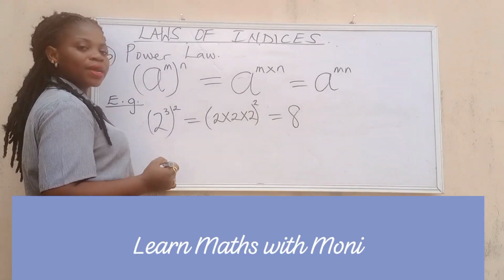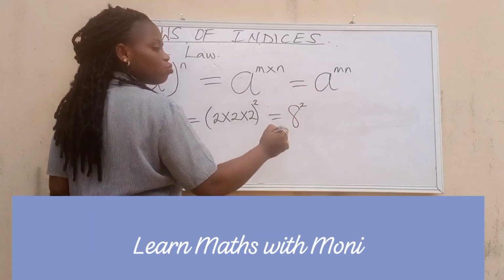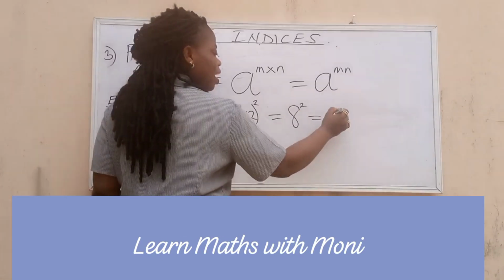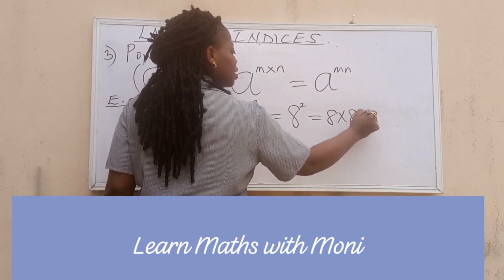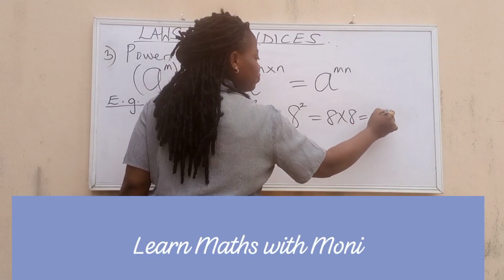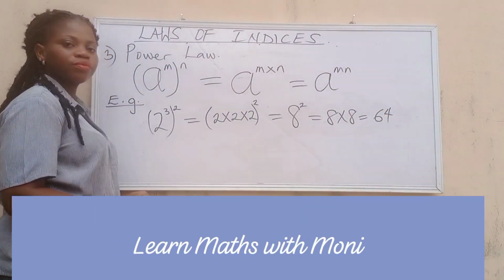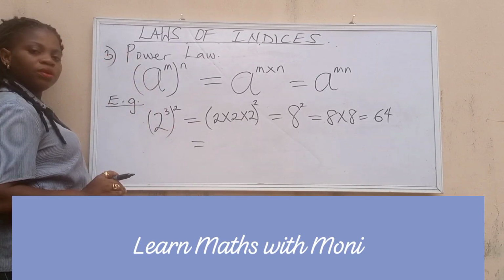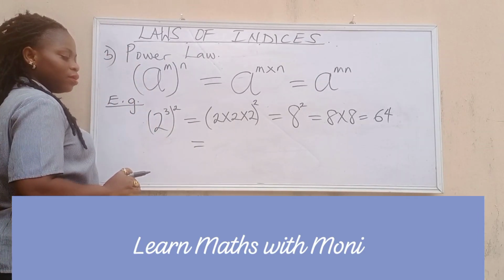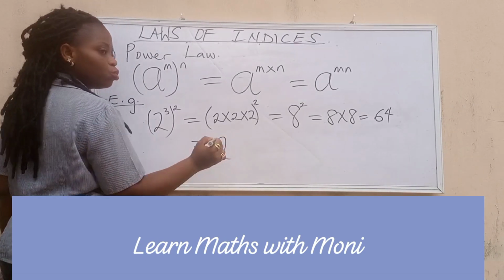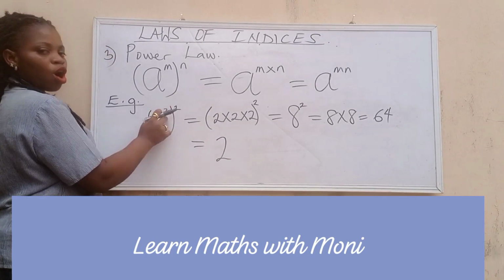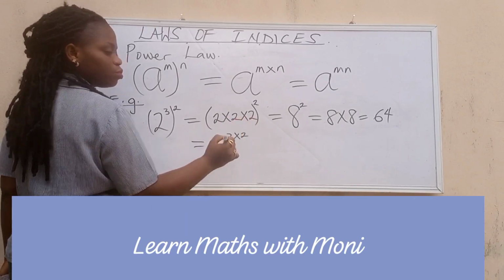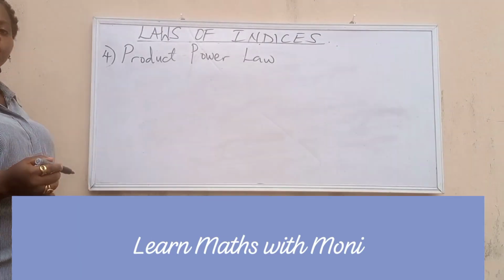And the 8 in the bracket is raised to a power of 2, which is 8 times 8, giving me 64. Going by the power law, it makes it a lot simpler. This means I have 2 raised to the product of 3 and 2, 3 times 2.